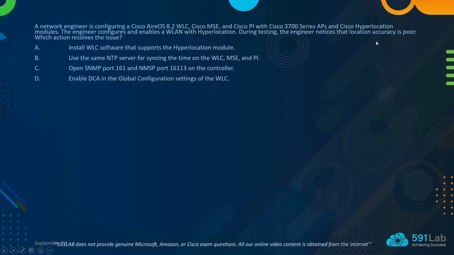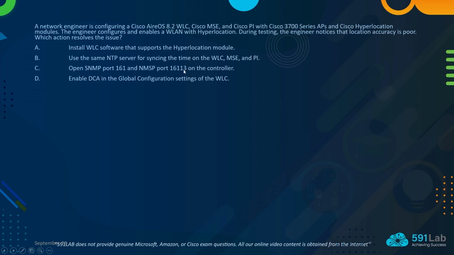But in our case, we are actually getting some locations. However, the accuracy is poor. This is very important when it comes to troubleshooting. We need to know whether our setup is even working or not. And then if we are getting less accuracy, we need to tweak a couple of things in order to make it work better.